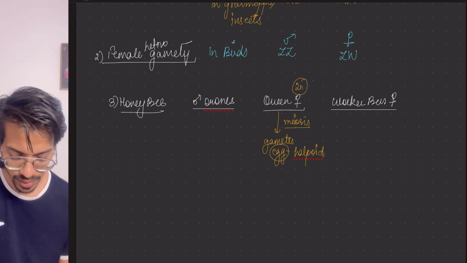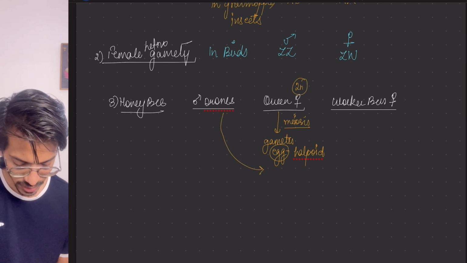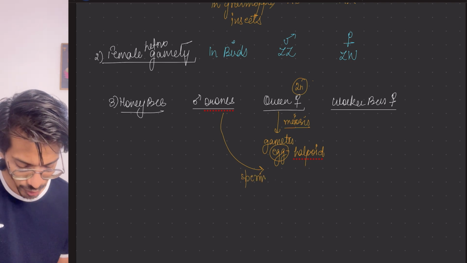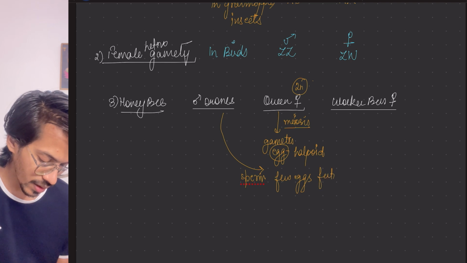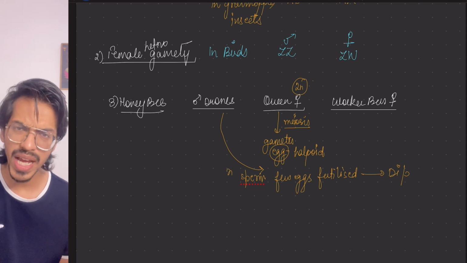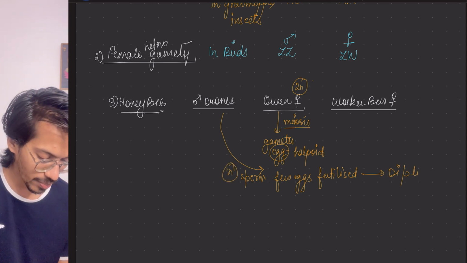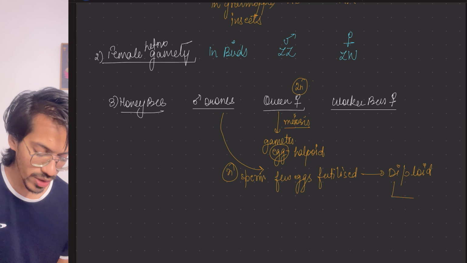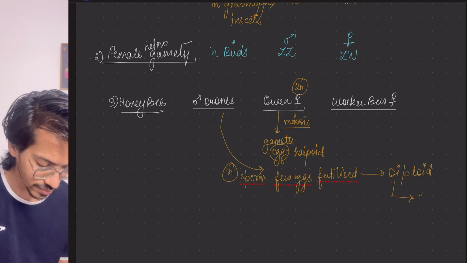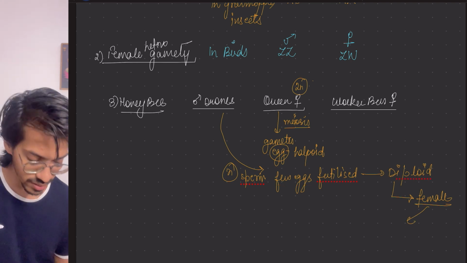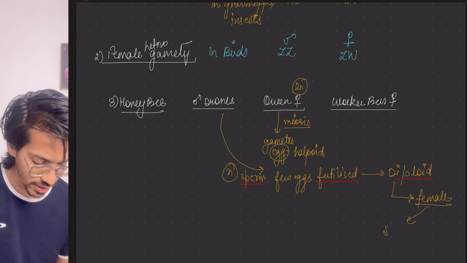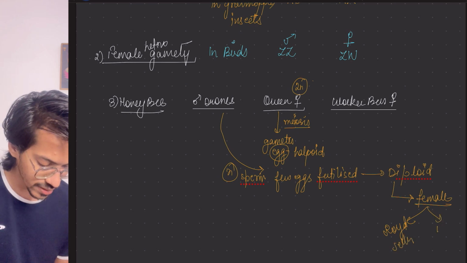Now when drones give sperms, a few eggs get fertilized. The fertilized egg will be diploid, because the sperm is also haploid. I have always told you it will be haploid and diploid. These diploid eggs will form females. Out of these, a few will be chosen as future queens, and they will be fed royal jelly, whereas the rest will be worker bees.